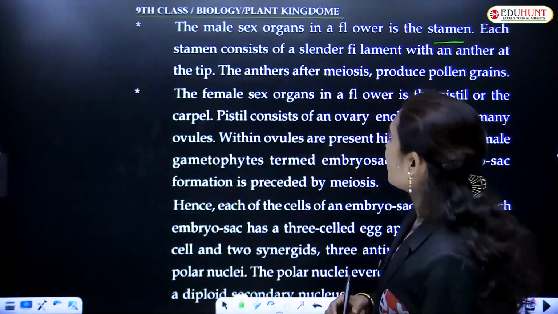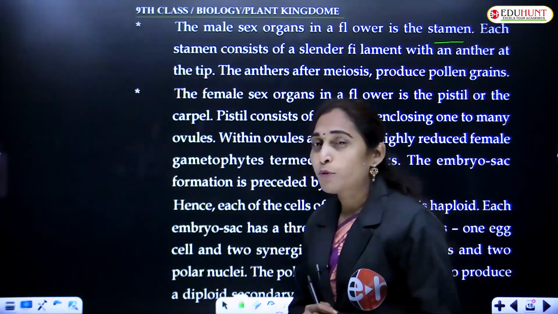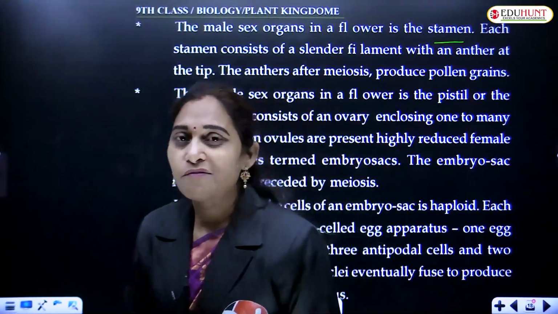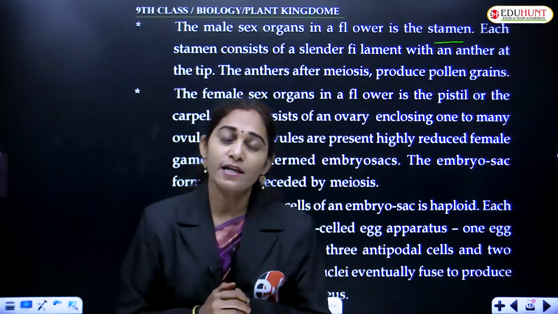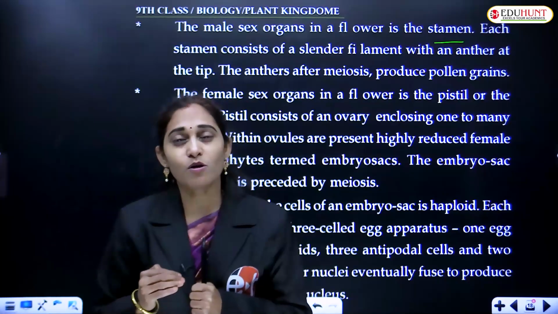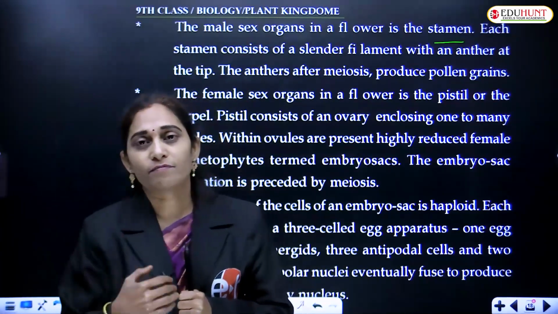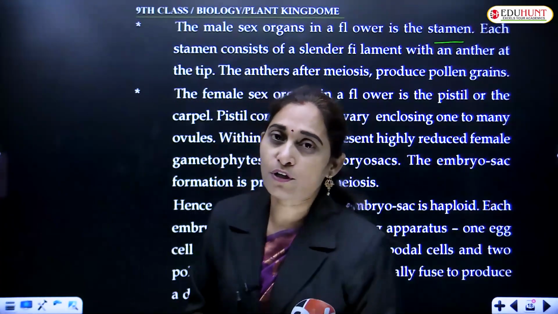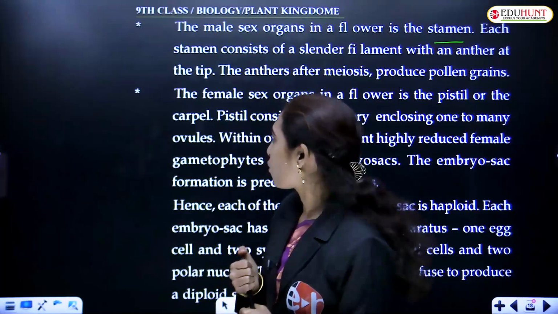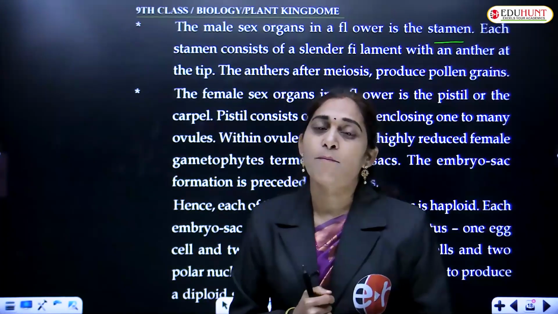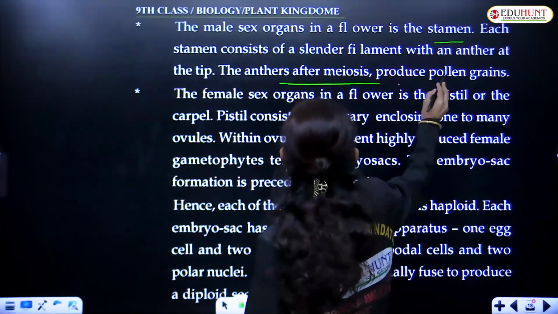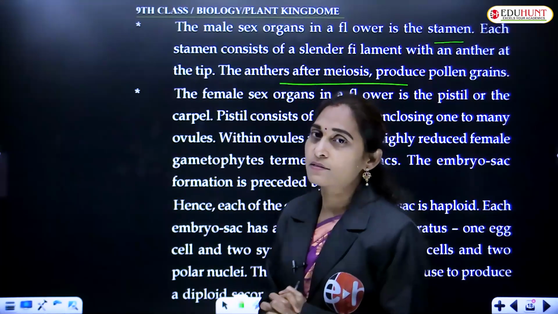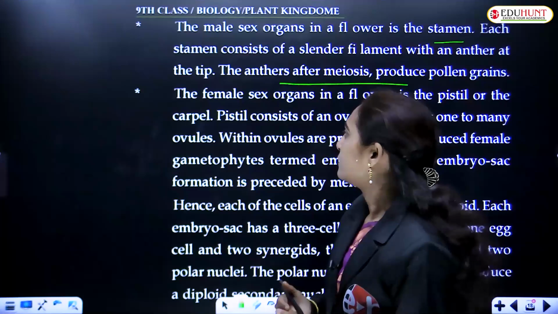In the anthers, the sporogenous tissue gives the microspore mother cells, and each microspore mother cell is diploid. It undergoes reductive division to produce haploid microspores, which we call pollen grains. The anthers produce the pollen grains.